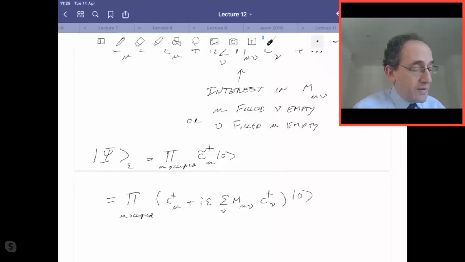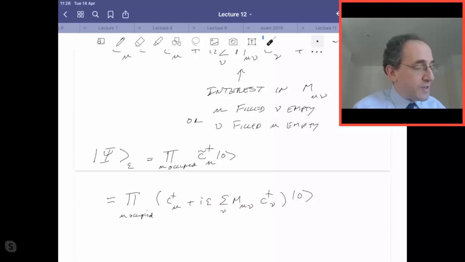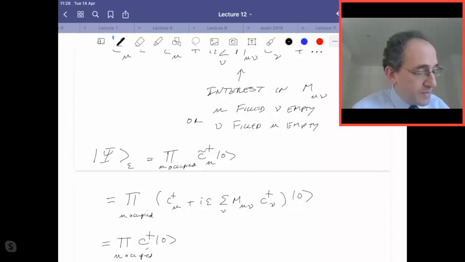There are a lot of terms you would multiply out to get this full product, but I only need to keep track of terms that have a single factor of epsilon. So basically, you take this whole product, and for all the terms you put in the c dagger here, and for one term you choose this term here.